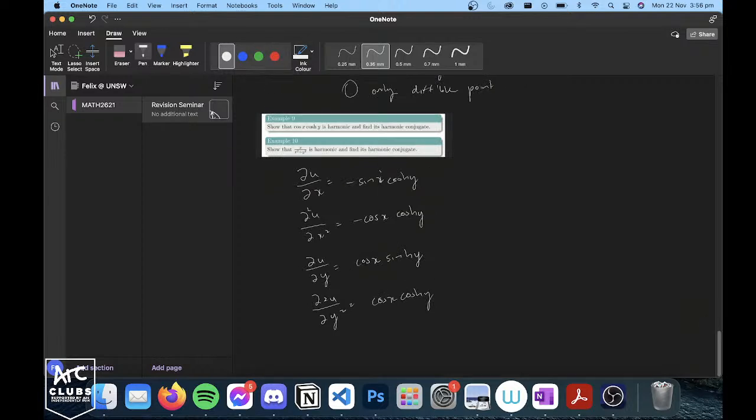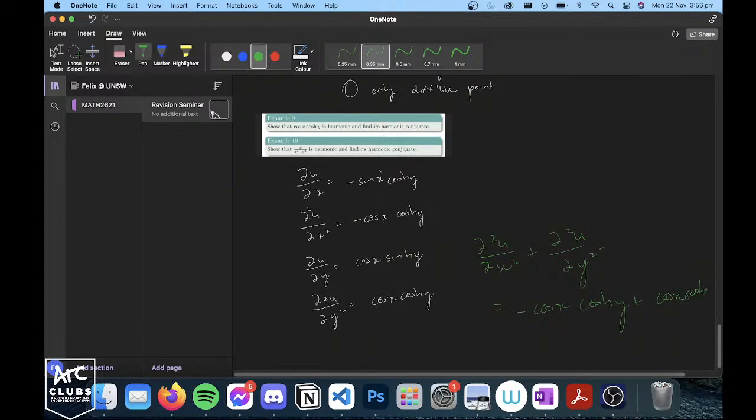If we do Laplace's equation, we get minus cos x cos y plus cos x cos y, and that's equal to 0 because these cancel each other out.